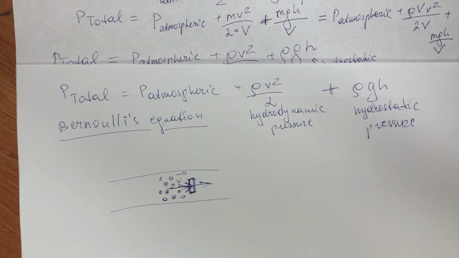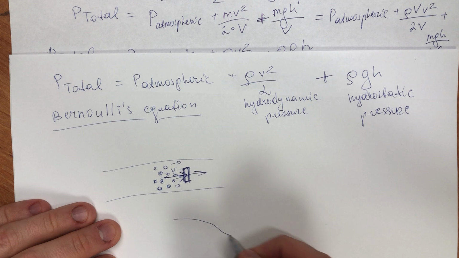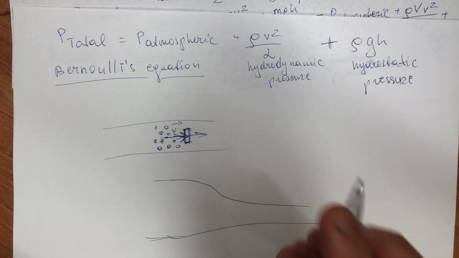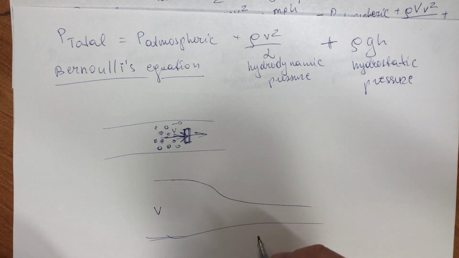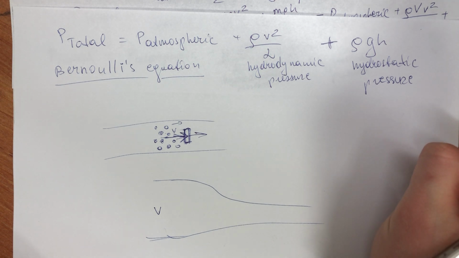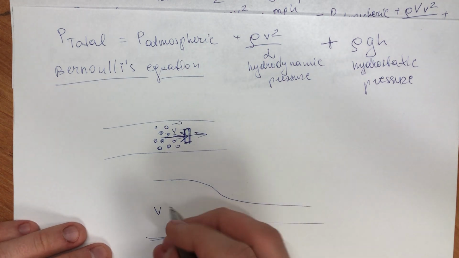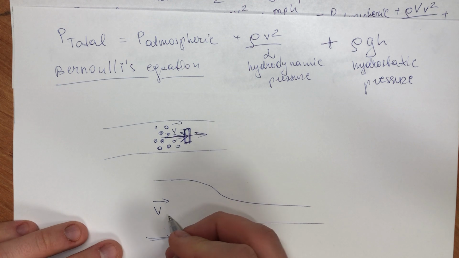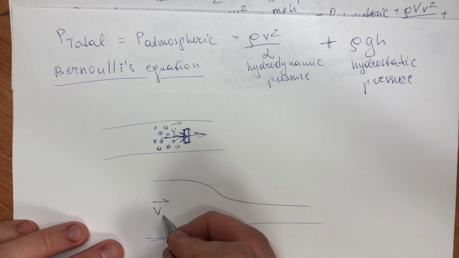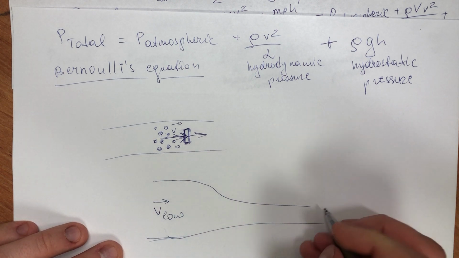It says that if we have a pipe that is becoming narrower, we have a pipe, and here we have speed, velocity in this case, or speed, doesn't matter, we have low, by the continuity equation, we know.